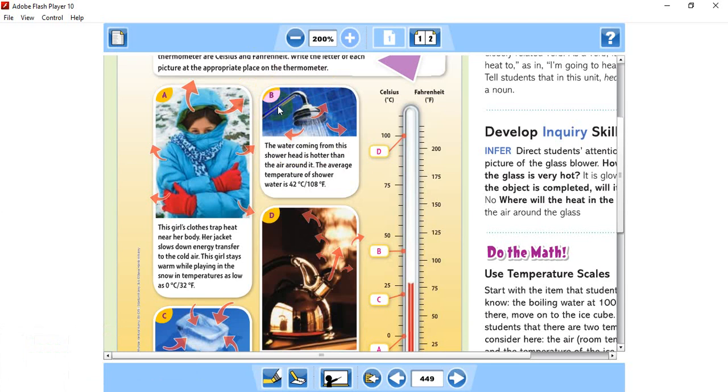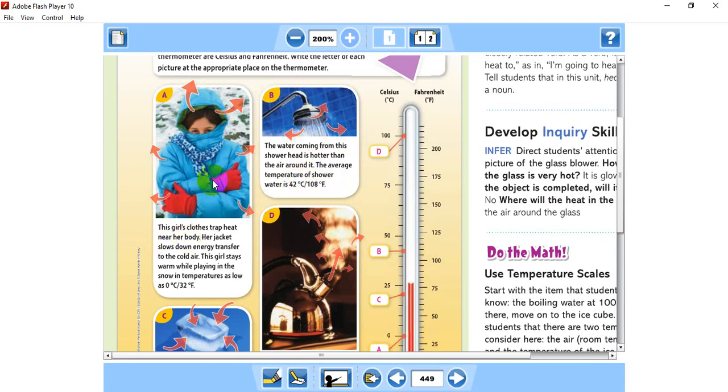Okay, guys? So the average temperature of shower water is 42 Celsius degrees or 180 Fahrenheit. So in the winter we always use warm water for taking a shower. So the average temperature of water is about 42 Celsius degrees. Let's go to the next example.